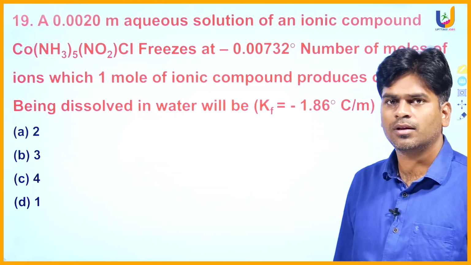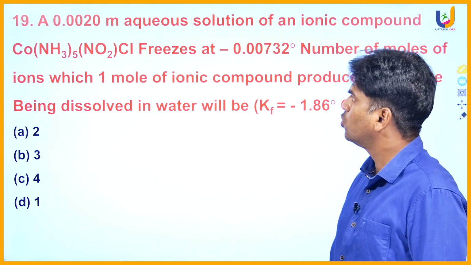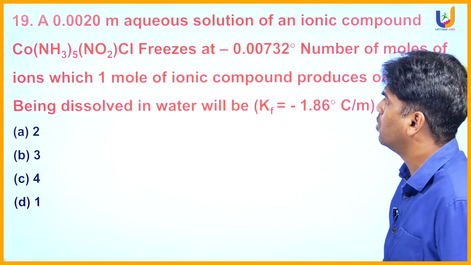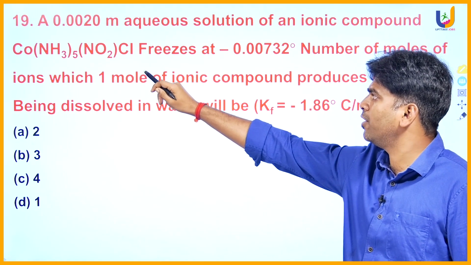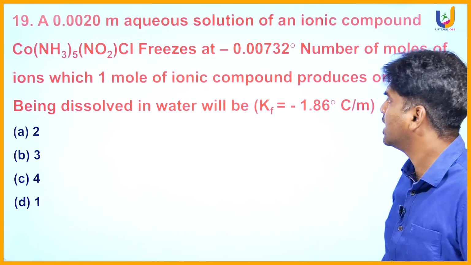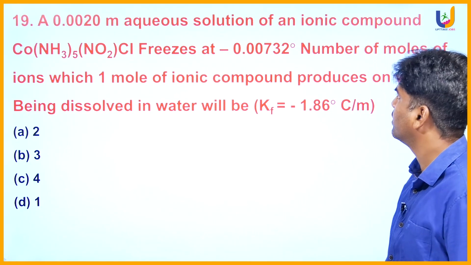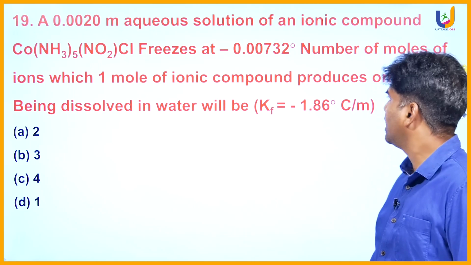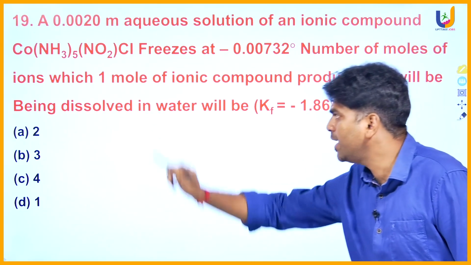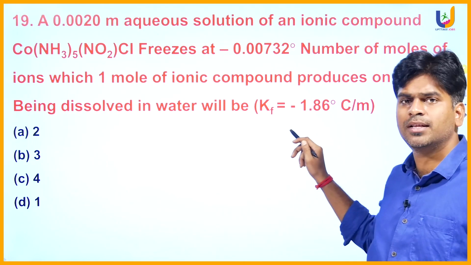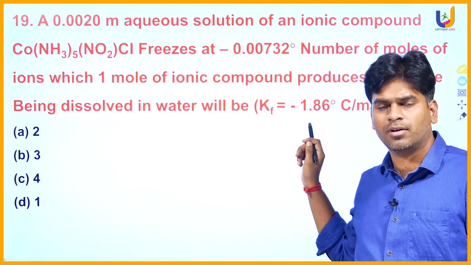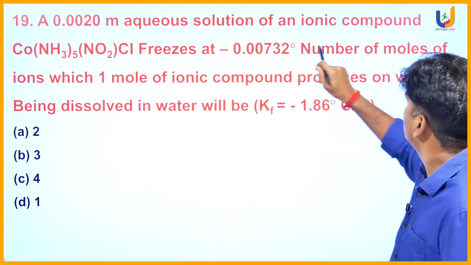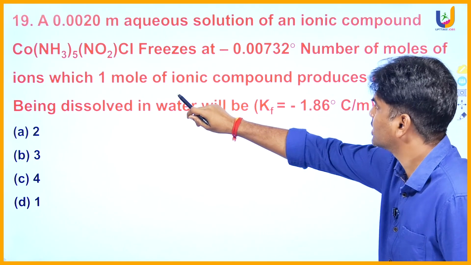And next question, let's see. A 0.0020 molal aqueous solution of an ionic compound, cobalt pentaammine nitrochloride, freezes at minus 0.00732 degrees Celsius. The number of moles of ions which 1 mole of ionic compound produces when dissolved in water will be, with Kf, the molal depression of freezing point constant, given. What are they asking?